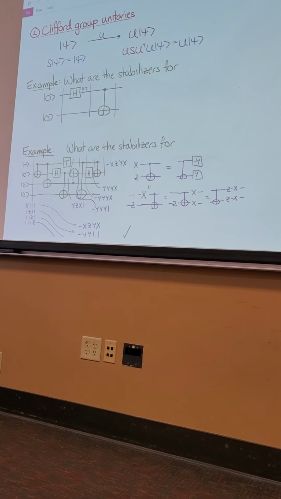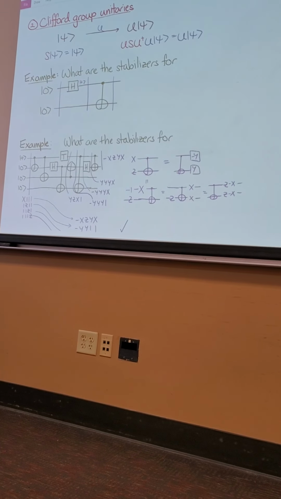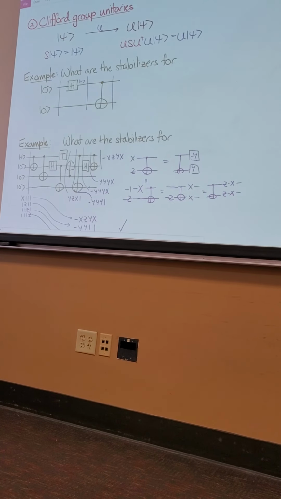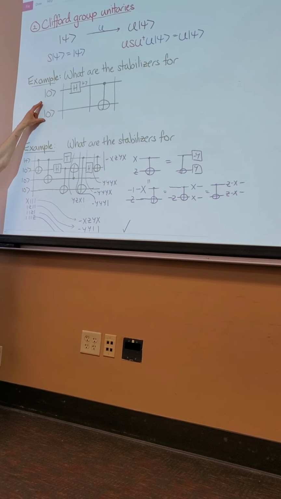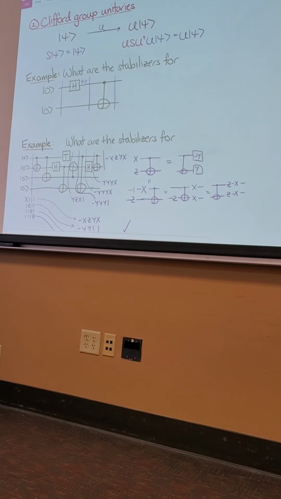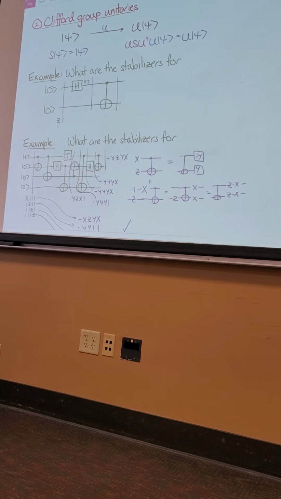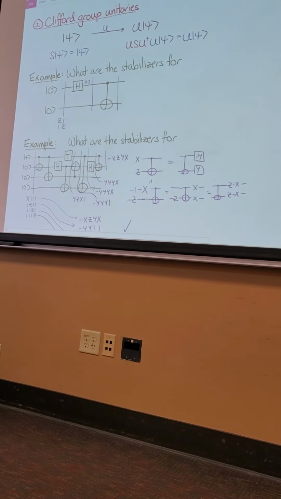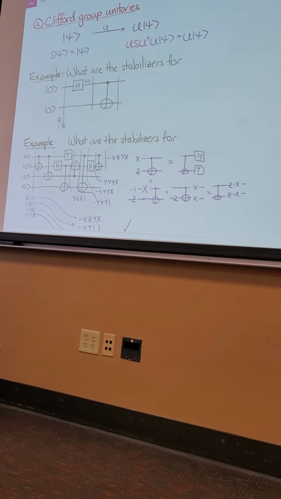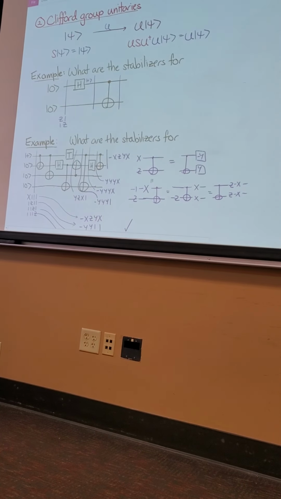So here, let's do a couple of examples. In this first example, initially the stabilizer on the left for 0, 0, the stabilizer group is generated by ZI and IZ. The ZI is the first qubit and the IZ is the second qubit.